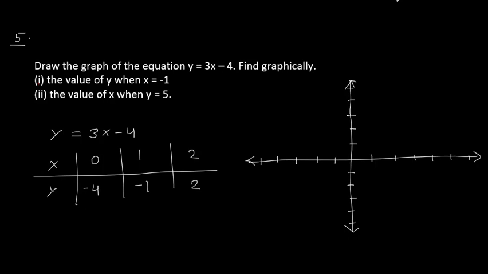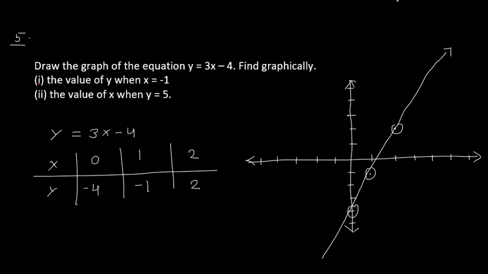Now here I am labeling only few points like 0 comma minus 4. So along x-axis 0, along y-axis we have minus 4. So this is the point. Then along x-axis 1 and along y-axis minus 1. So again this is the point. Then along x-axis 2 and along y-axis also it is 2. So this is the point. And if you see these 3 points, they are in a straight line.